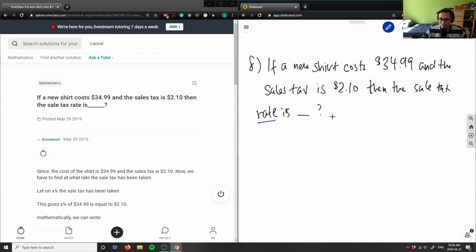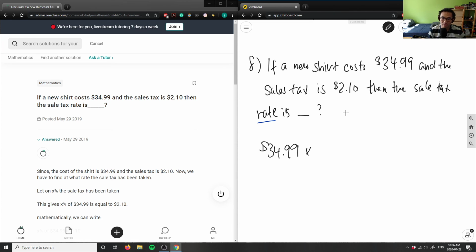All right, so let's look at this problem here. If a new shirt costs $34.99 and the sales tax is $2.10, then the sales tax rate is. So we know that $34.99 is the price of our product, which is the shirt. So anything you buy, you have to pay tax on, right? So we're going to multiply that by some sales tax rate.